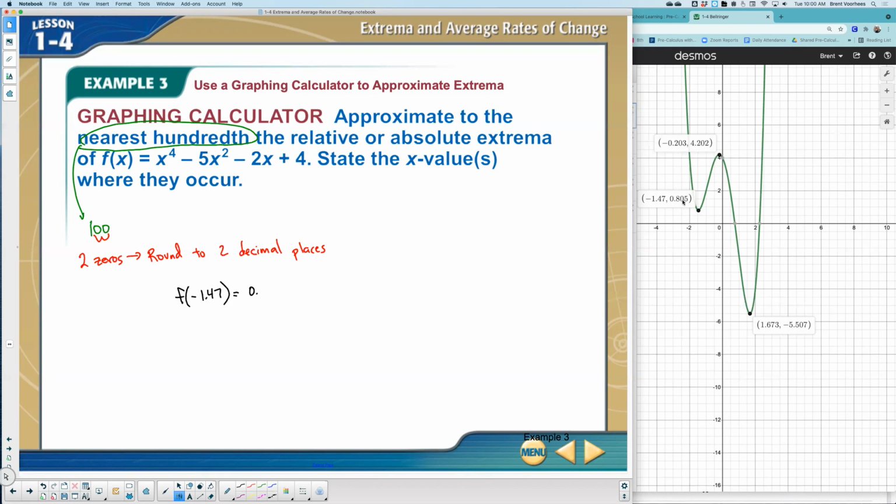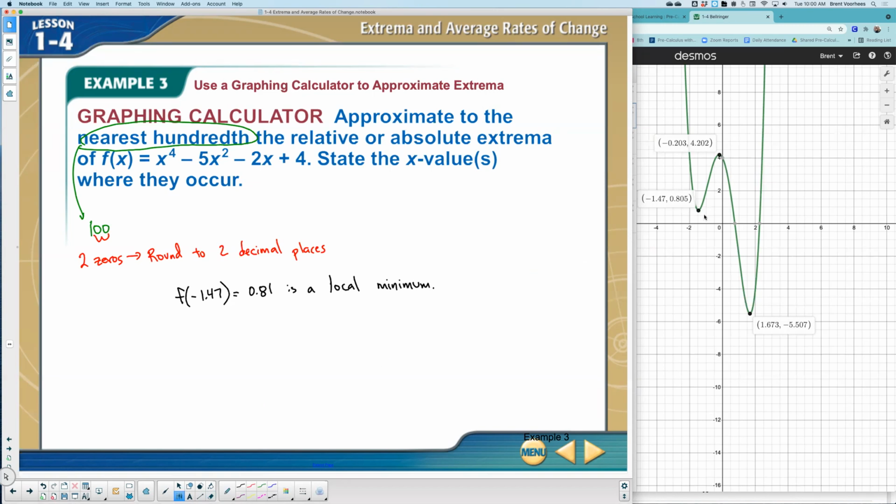So that's going to be 0.81. 0.81 is now what kind of point? Local or absolute minimum or maximum? It's a local minimum. And you could just write local min.